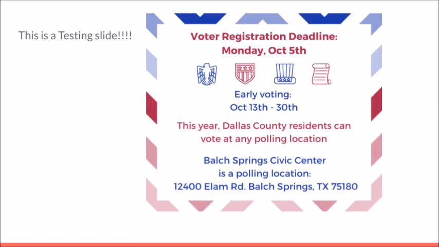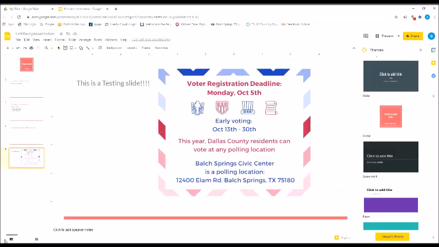And when I'm ready to get out of presentation mode, I push Escape, and it will return you back to this editing screen. I'm going to title this testing presentation, enter, and it is saved.